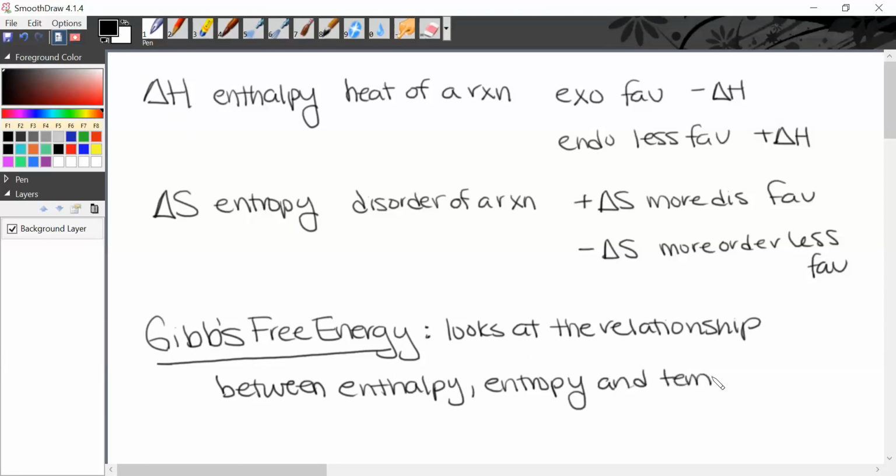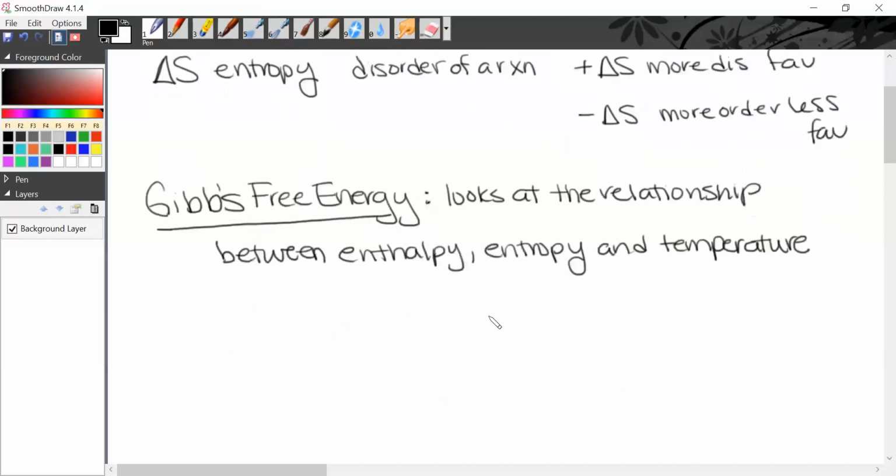Okay, so the temperature that something is happening at also matters, to determine spontaneity.